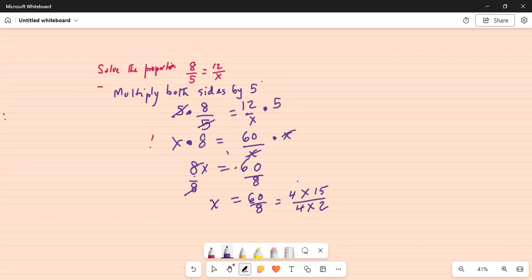So we can cancel the common factor 4 in the numerator and denominator. Why? Because 4 goes into 4 one time in the numerator and 4 goes into 4 one time in the denominator. So what is the final answer? X is equal to 15 divided by 2. And if you want to write it in decimal form, it is 7.5.